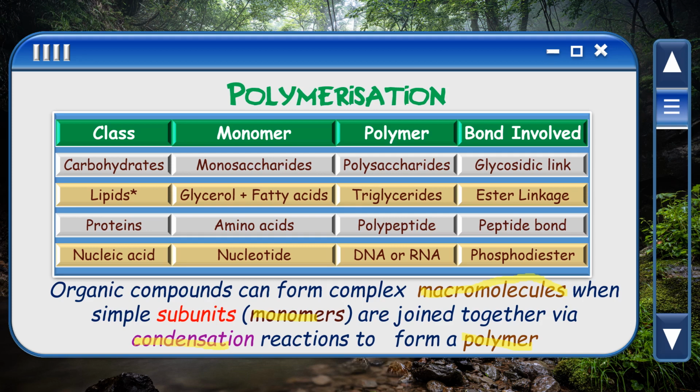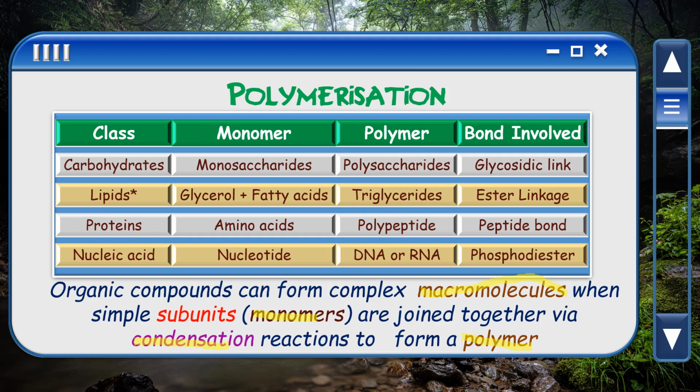The polymers here we can get are RNA, ribonucleic acid, or DNA, deoxyribonucleic acid. The bonds that are formed between nucleotides, those bonds we call phosphodiester bonds.